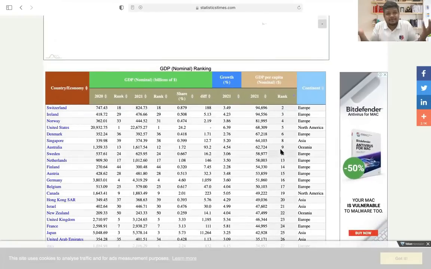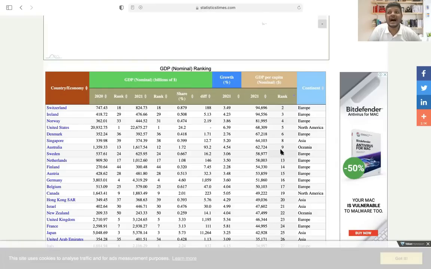Where is rank 1? Well, rank 1 is a country whose total GDP is very small, but GDP per capita is number 1. And you know which country that is? That is Qatar. Qatar is the world's richest country in per capita GDP, which means its population is very tiny compared to the wealth.